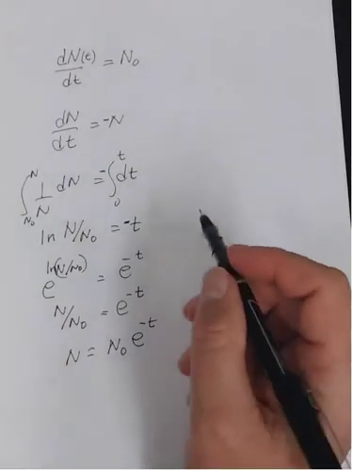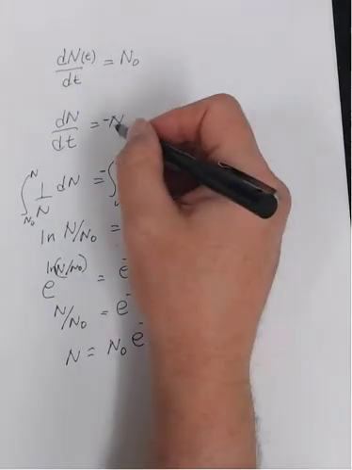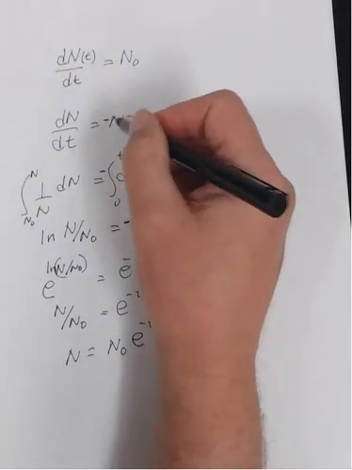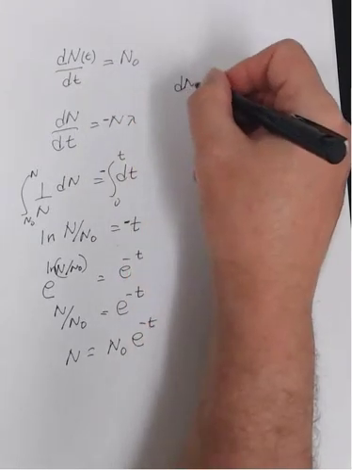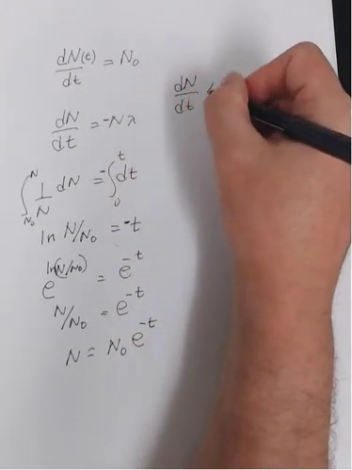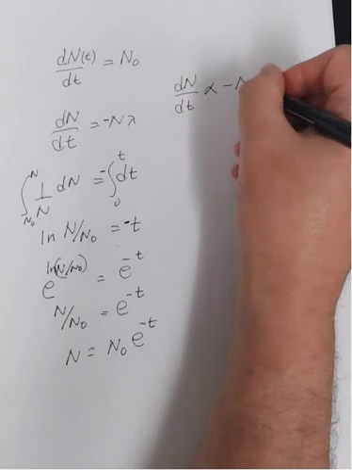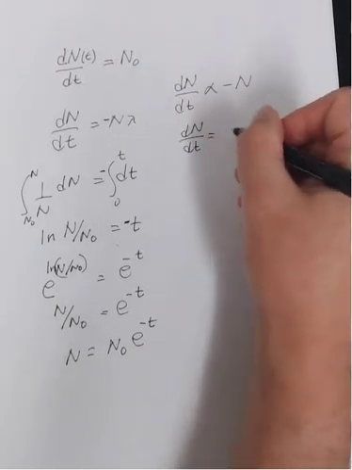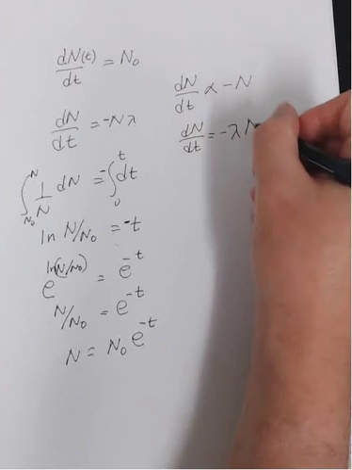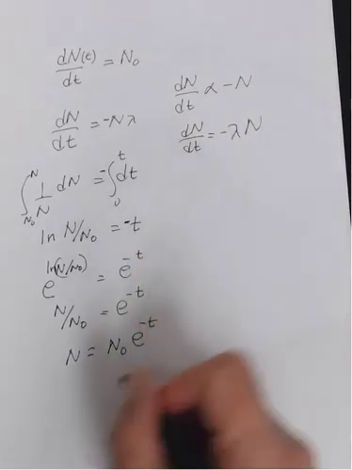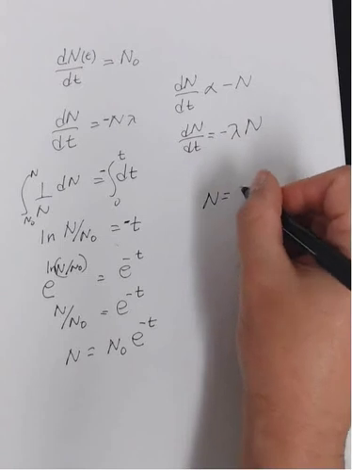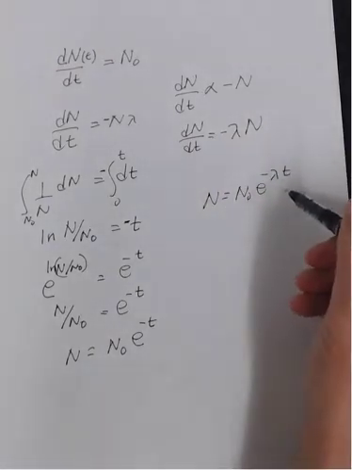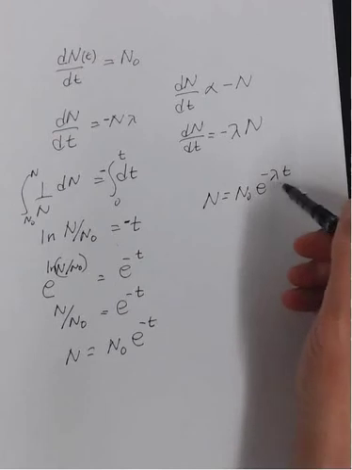Now, in general, there's a proportionality constant that we put in here. So first we would say the number of particles with respect to time is proportional to this, and then we would put the proportionality constant in there. So if I did that, what we're going to have is n equals n naught e to the negative lambda t. And that proportionality constant that I just put in there is going to dictate how fast.